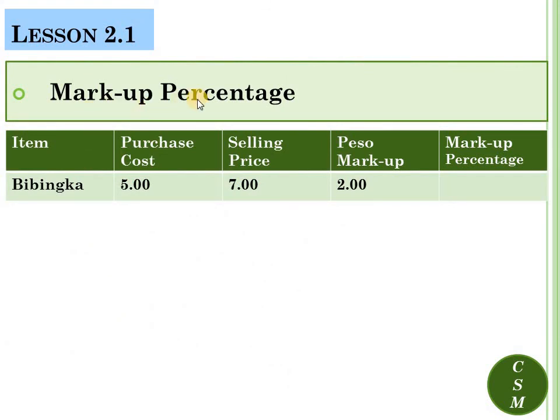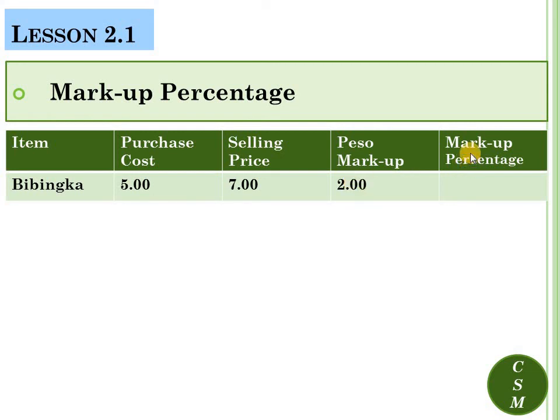Markup percentage. To compute for markup percentage, again, we have our tabulation. The item, the purchase cost, the selling price, the peso markup, and the markup percentage. Since we have computed our markup a while ago, we will now put our peso markup of 2 pesos.